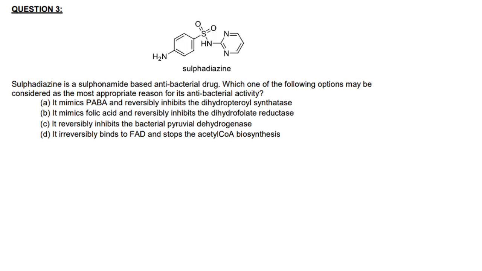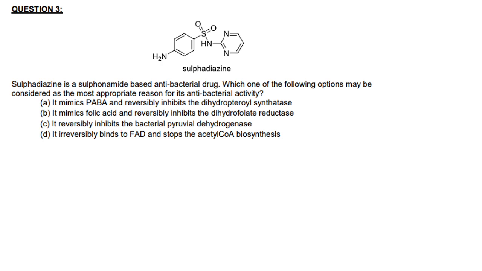Another question we have: sulfadiazine is a sulfonamide-based antibacterial drug. Which one of the following options may be considered the most appropriate reason for its antibacterial activity? It mimics PABA, para-aminobenzoic acid, and reversibly inhibits dihydropteroate synthetase. It mimics folic acid and reversibly inhibits dihydrofolate reductase.